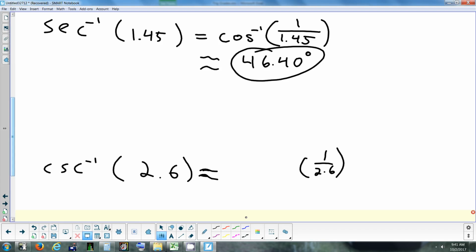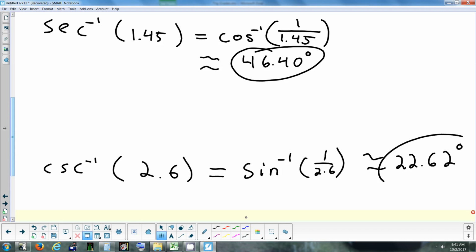Not sine or cosine. The inverse of sine. Yes, inverse sine. Okay, technically this part is exact. Now I'm going to round it off. Anybody get an answer when they type that? 22.62. Okay, I didn't check that one, but hopefully that's good.